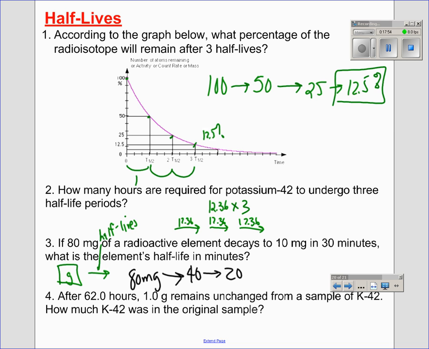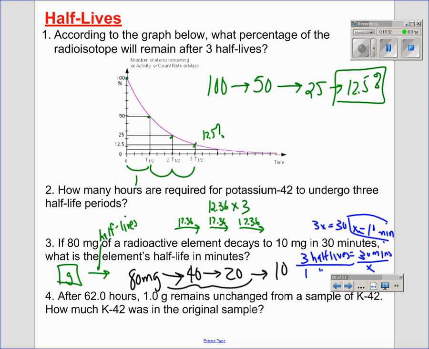Second, 20. Third, 10. What is the element's half-life in minutes? All 3 half-lives together took 30 minutes. So if you have 1 half-life, how many minutes is it going to take? 3x equals 30, and you do the math and you get x equals 10 minutes.